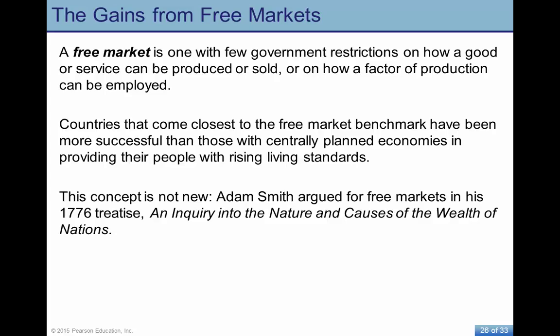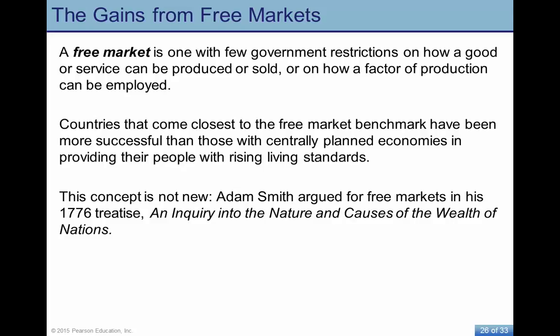The gains from free markets. A free market is one with few government restrictions on how a good or service can be produced or sold, or on how a factor of production can be employed.